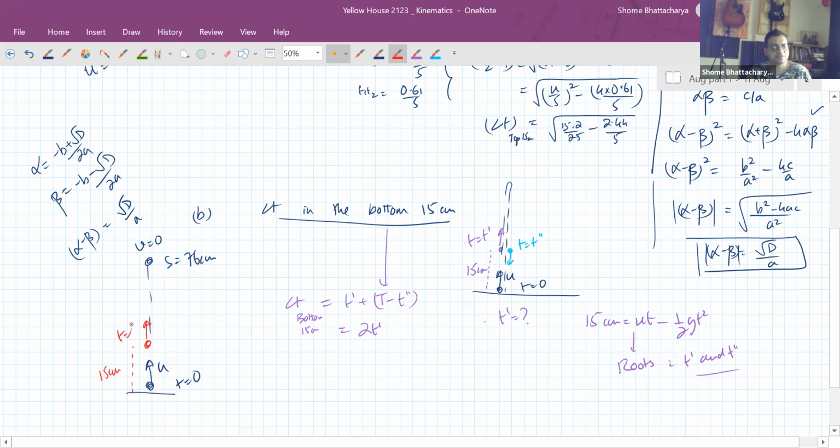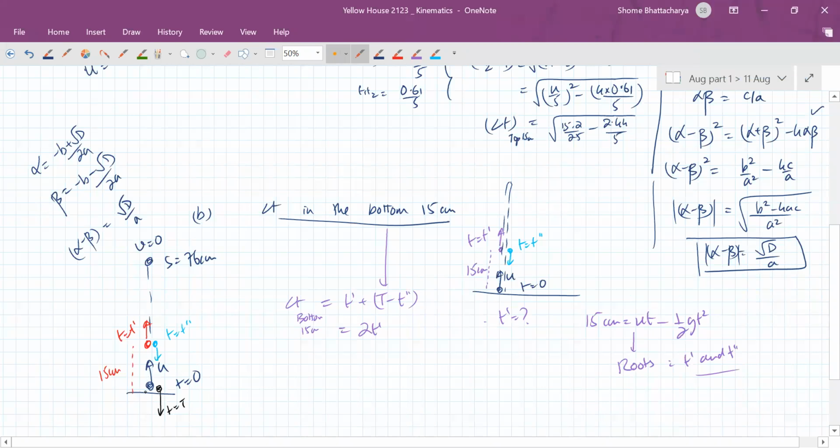Let's say that time is t prime. And then on the way down also, you're reaching the same position at some time t double prime. And then you're finally hitting the ground at capital T. Okay, this is clear, this concept? Yes, sir.